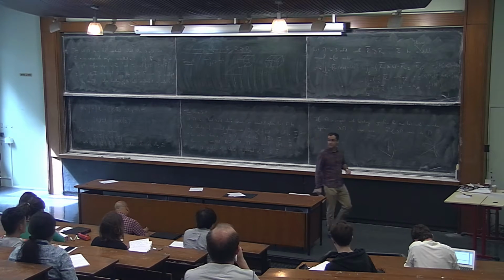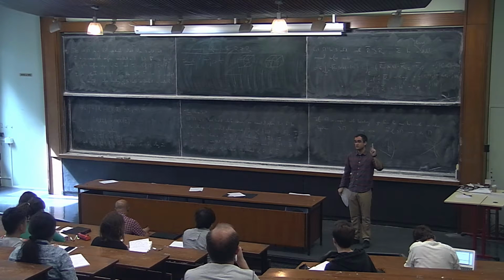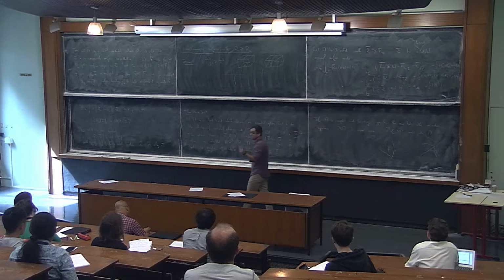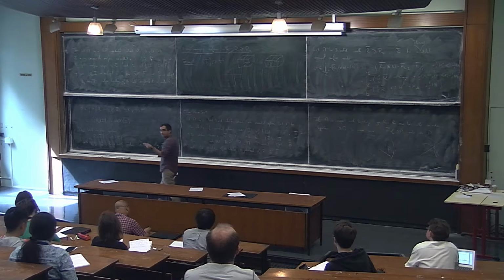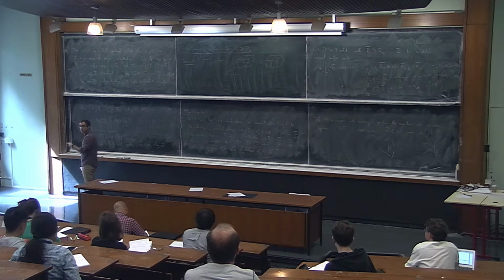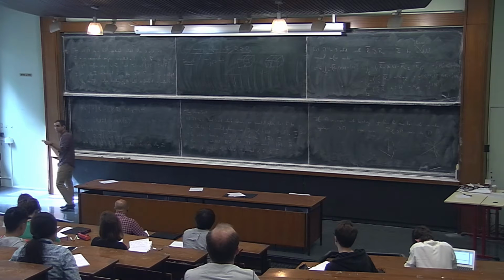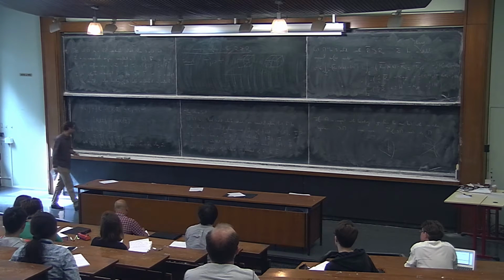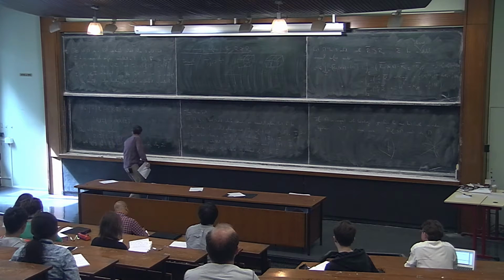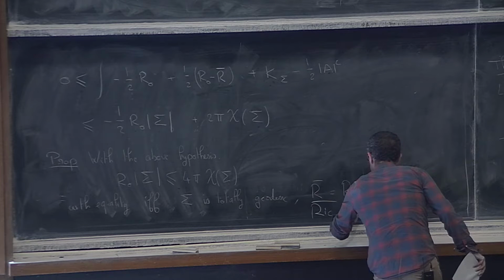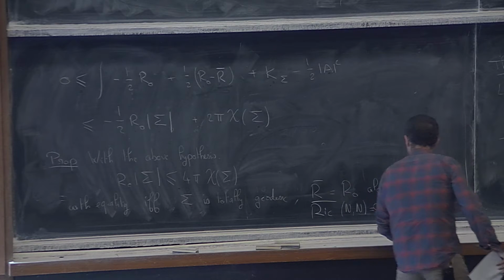So it tells me that the constant function 1 is in the kernel of the operator. So it tells me that Laplacian of 1, which is equal to 0, plus Ricci times 1 plus A squared times 1, so A squared times 1 is equal to 0, is equal to 0. So Ricci is equal to 0 along sigma. So Ricci bar of n is equal to 0 along sigma.